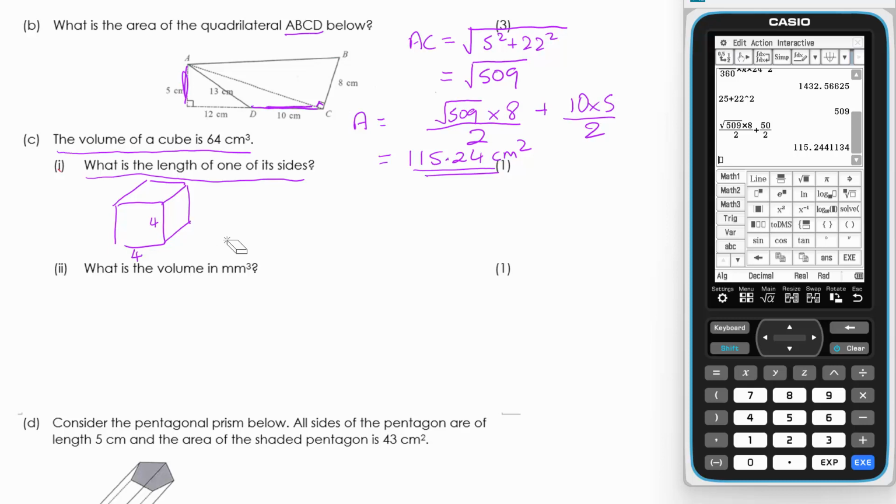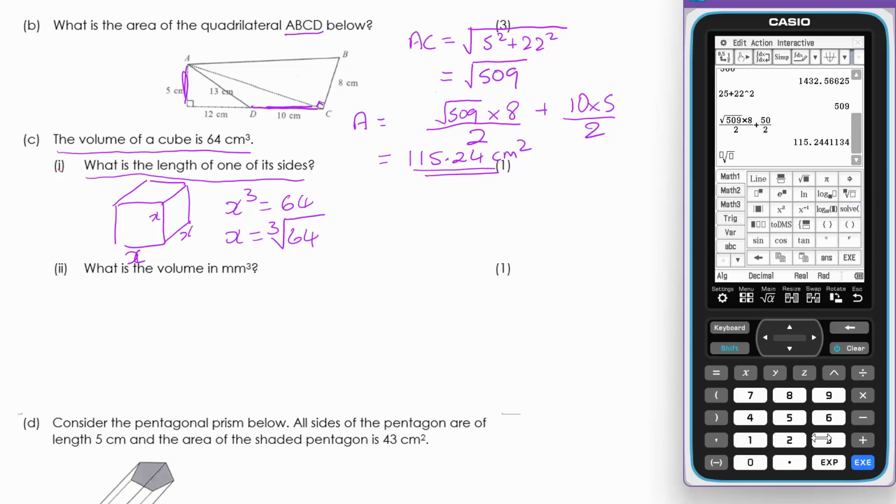Or you could think about it, if you weren't sure about 4 times 4 times 4, you could say it's x, and then you know that the cube is x cubed, and say x cubed is 64, and that means that x would be the cube root of 64. What we do is we use that, and then we type a 3 in there to get cube root. And 64. And then that is 4 centimeters.